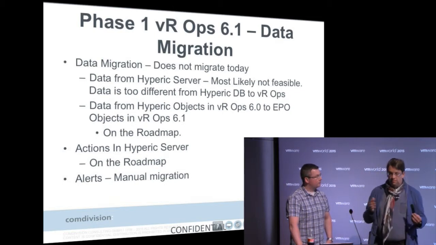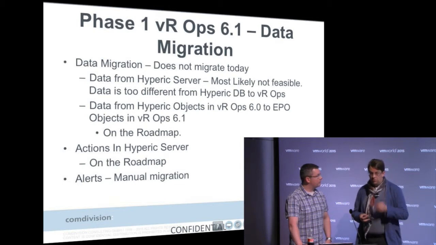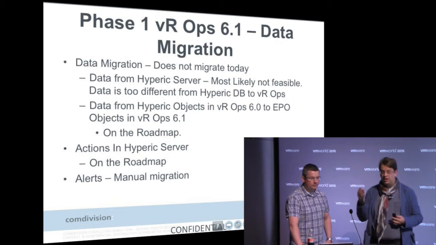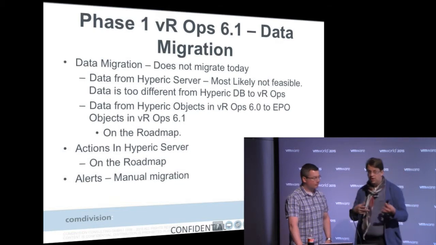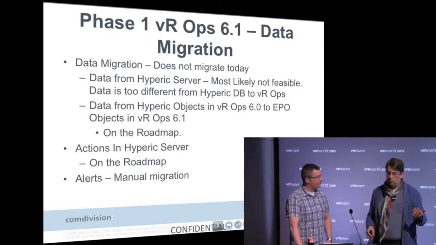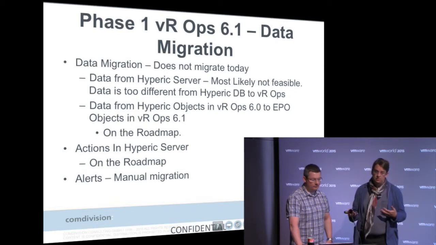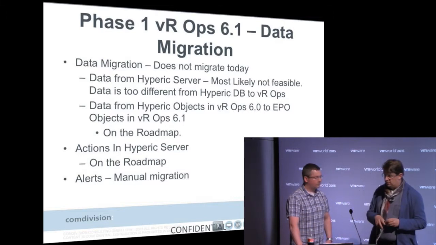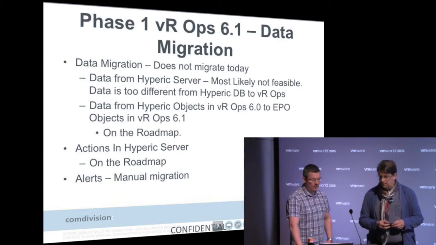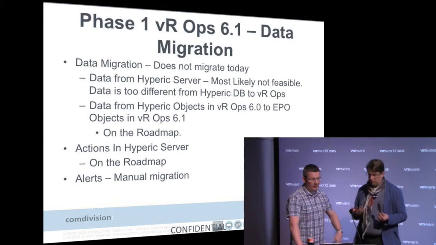The easiest thing we found is that you start targeting your agents from Hyperic to VROps, and you can run in a mixed environment. You keep your Hyperic feed on one hand and your direct VROps feed on the other, and both will feed into the system. That way you can step by step move away from Hyperic into VROps, and get both integrated, which makes your life easier again.